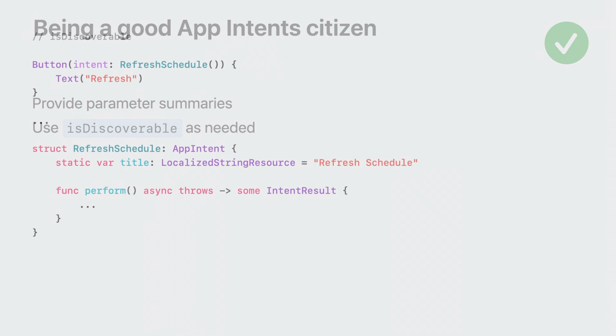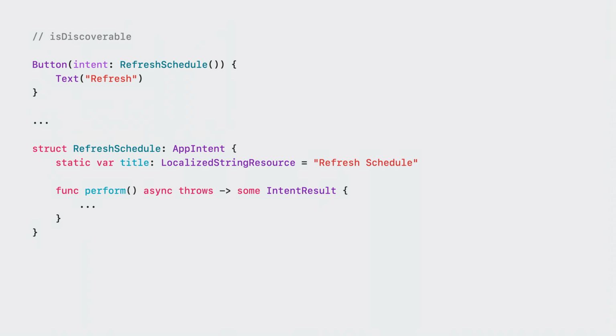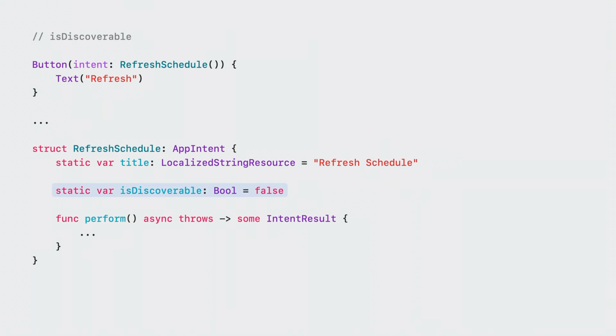I'm going to add a refresh button to my NextBus widget that will retrieve the latest data from the server. While it serves a purpose in my widget, it doesn't make a useful shortcuts action. Since I only want this app intent to be used from my interactive widget, I will set isDiscoverable to false for it. Note that app intents marked as undiscoverable cannot participate in app shortcuts either.